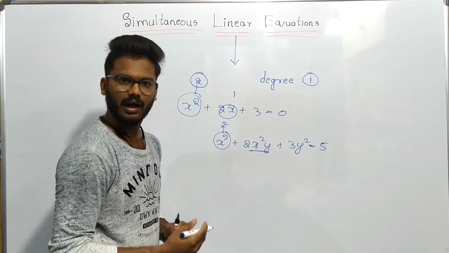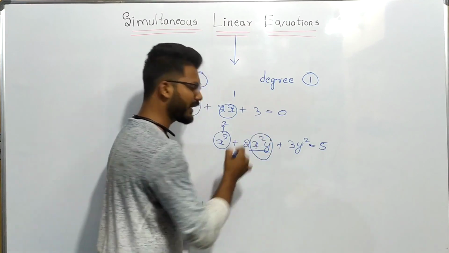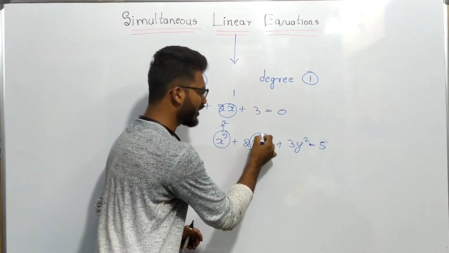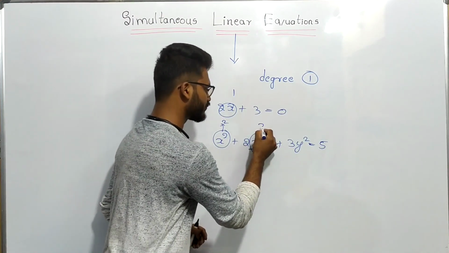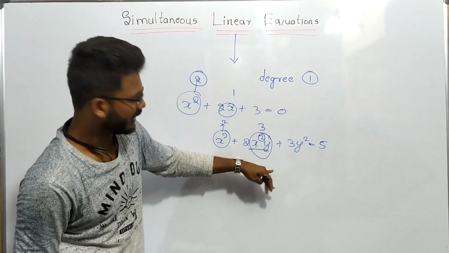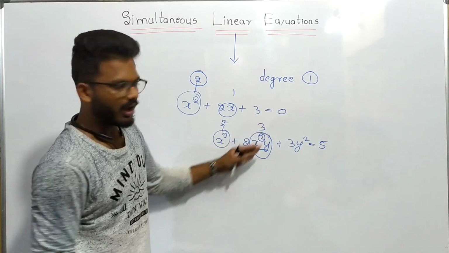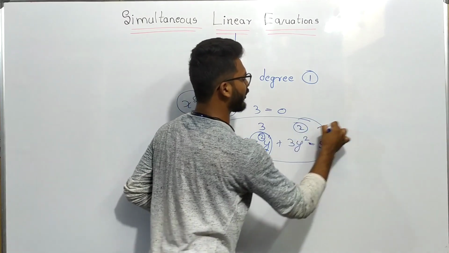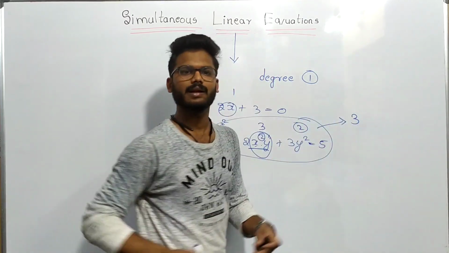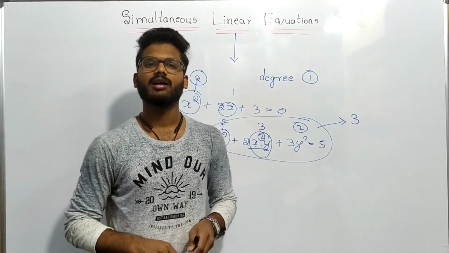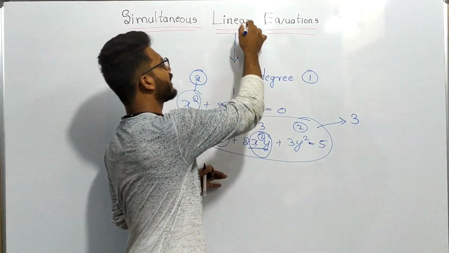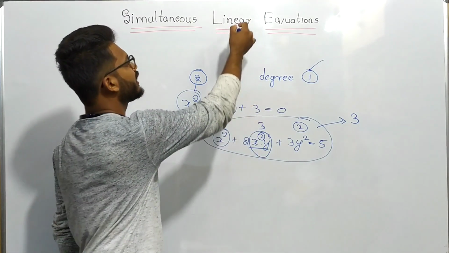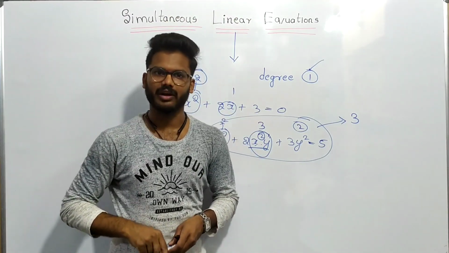Both are variables, and whenever you have multiplication, you have to add both the powers. Here the power is 2 and here it is 1, so the degree of this term is 3. Here also it is 2. So the total degree of this equation is 3. Clear? And whenever the degree of an equation is 1, then you can say it is a linear equation.